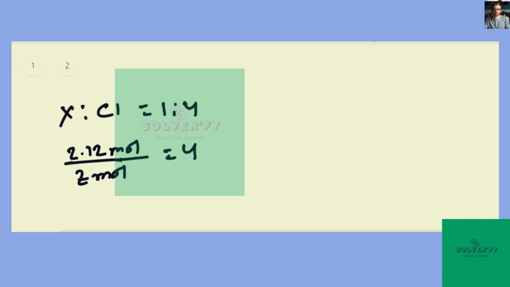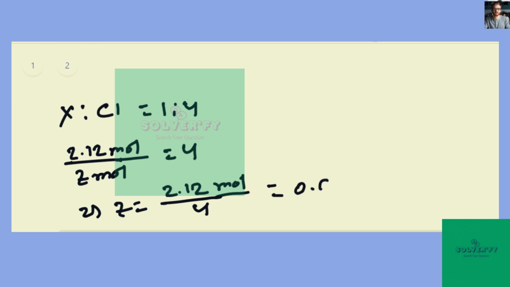And from here we can find out the value of Z. That means the value of Z will be 2.12 mole over 4, and will give us a value of 0.53 mole. So this is the number of moles of X.